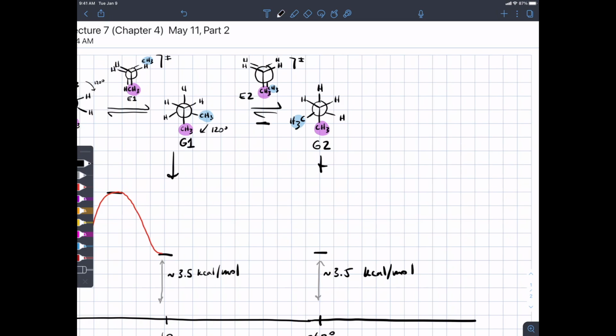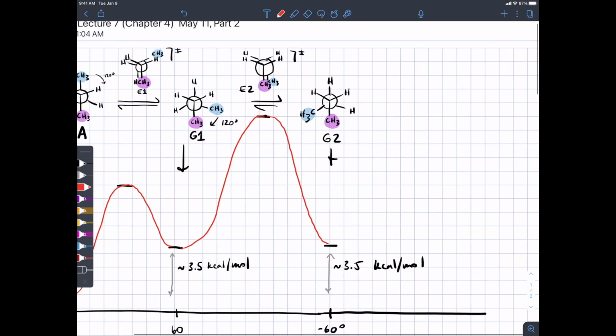And your text will actually put numbers on this. I don't really care that you do that. Precise numbers aren't as important as trends. And so more stable versus less stable is fine.